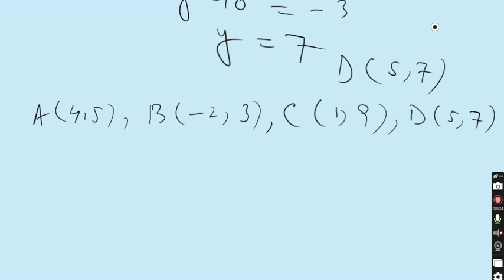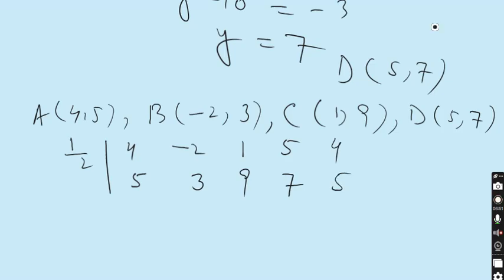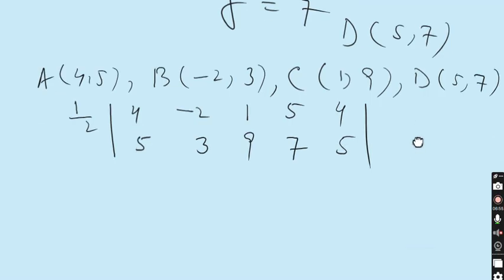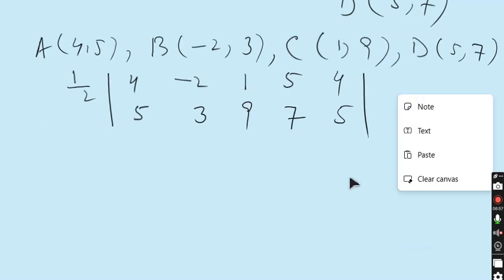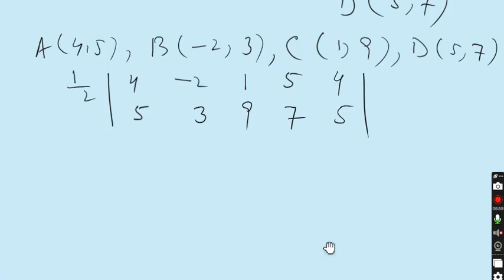Apply the formula: 1 upon 2 of x1 y1, x2 y2, x3 y3, x4 y4 and x1 y1. This is the formula to find the area of any quadrilateral.